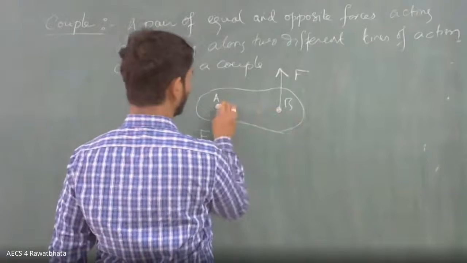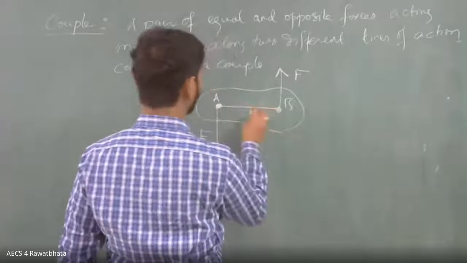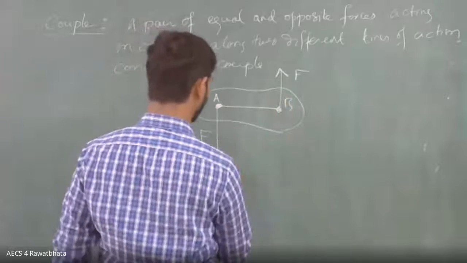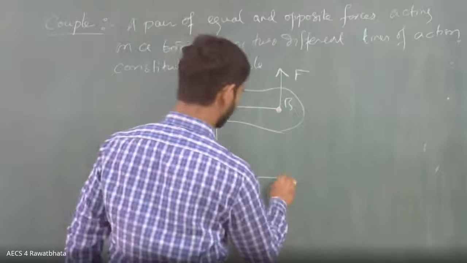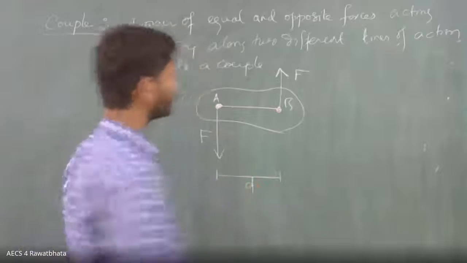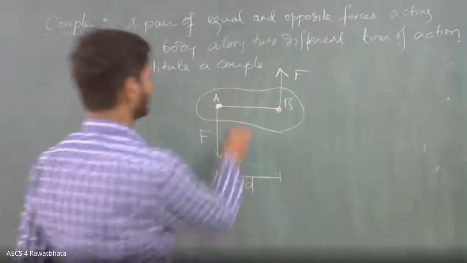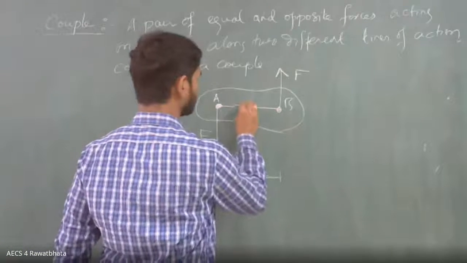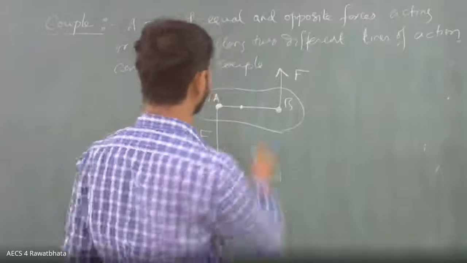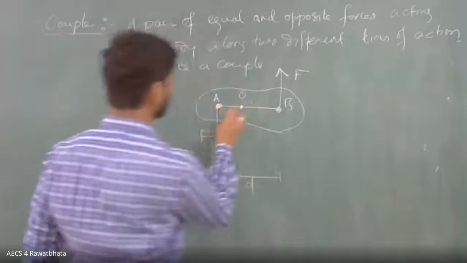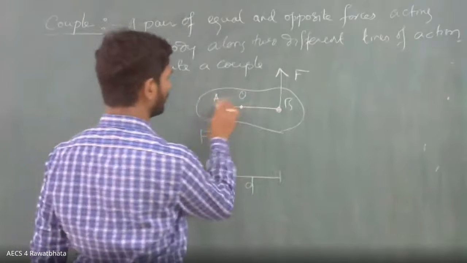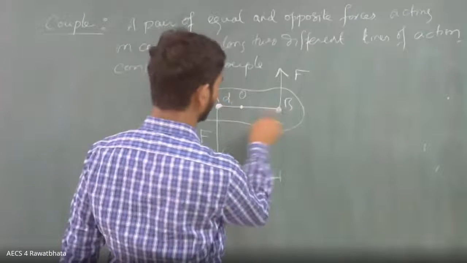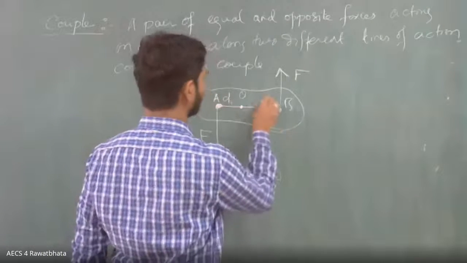Okay, now let us say the distance between them is d. Let me draw here, the distance is d. Now let us say the point of rotation is somewhere here, that is the point O, and the distance between A and O is, let us say, d1, and the distance between these two points O and B, let us say d2.